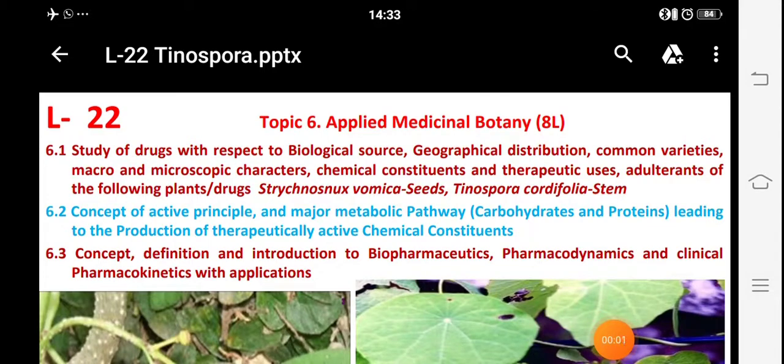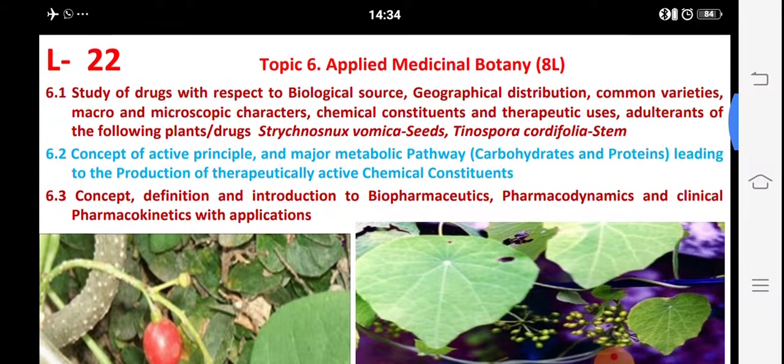Okay, we have started topic number 6, and in 6.1 we have completed these 6 examples about all plant parts: stem drug, rhizome drug, then leaf drug, flower drug, fruit drug.